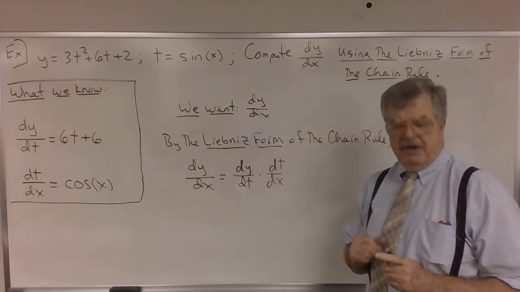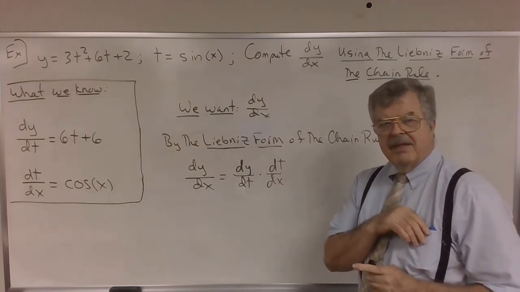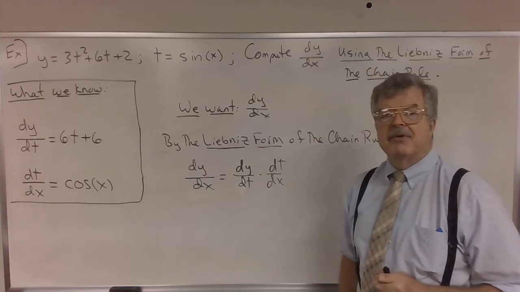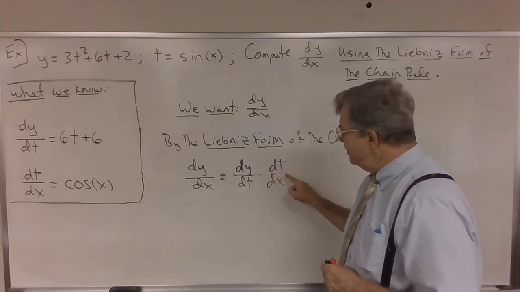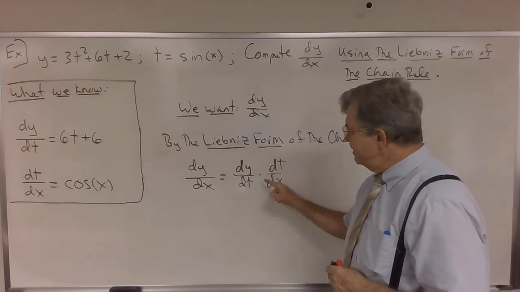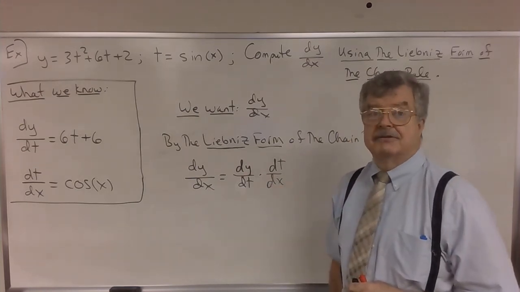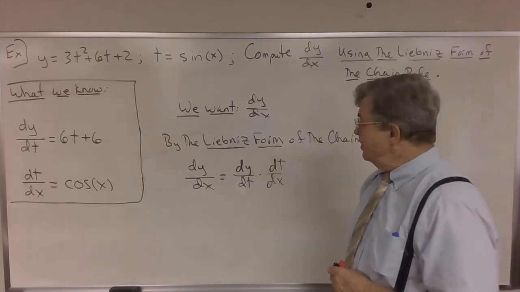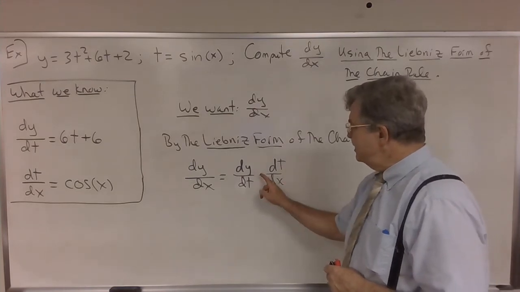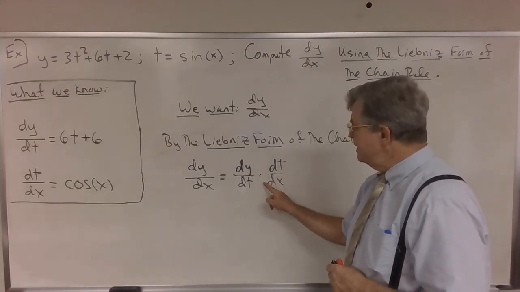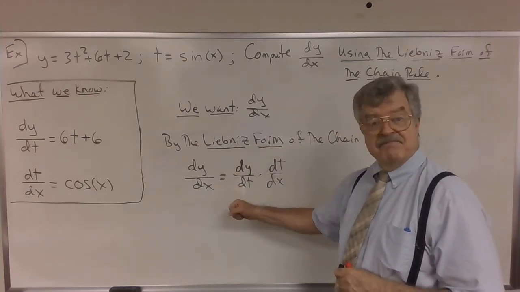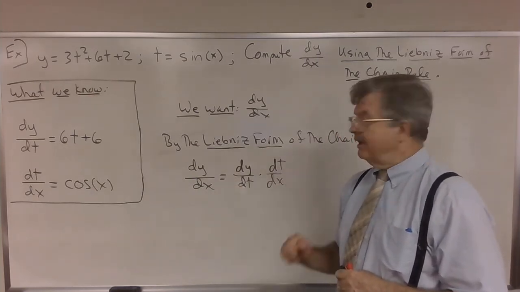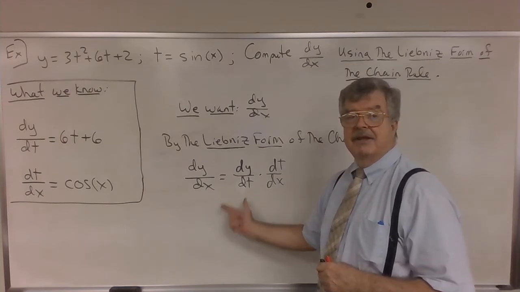Does this work? Well, here's where that memory aid helps. If I imagine both of these things to be fractions and I cancel out the common factors, what happens? I cancel out the dt's, so I get dy/dx on the right, I have dy/dx on the left. Perfect. I've written it correctly.